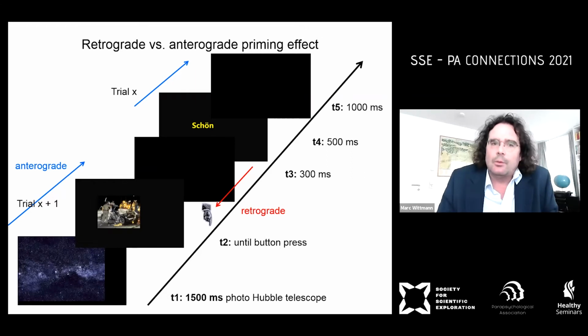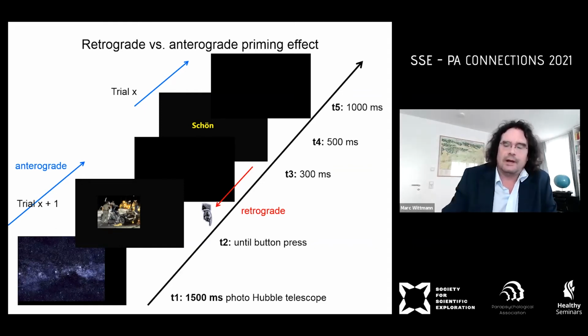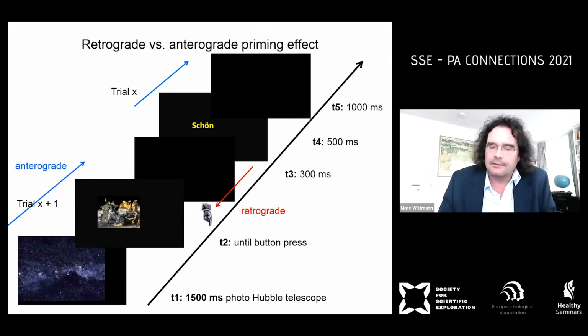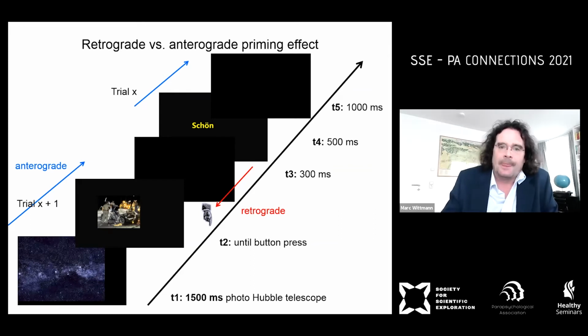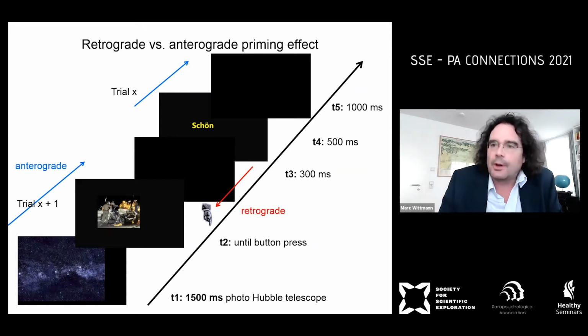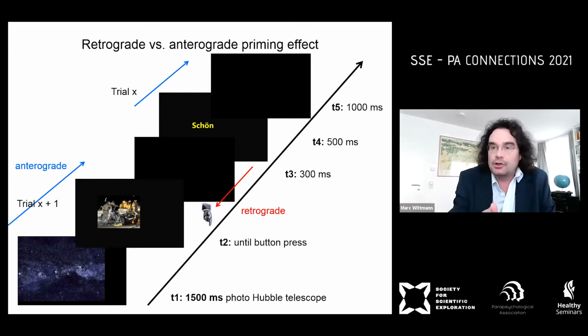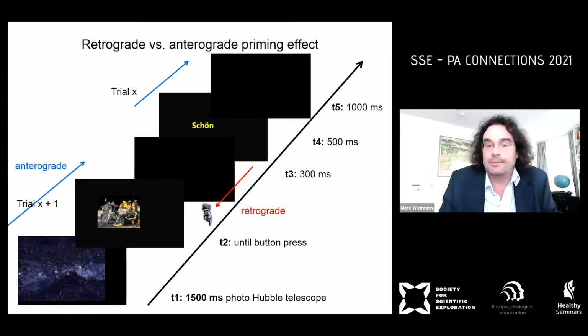But now we looked at the question: are there more influences in this task? So I just showed on the right the retrograde effect, the effect of the word backwards onto the picture. But couldn't it be otherwise? There is a potential criticism that the word from trial X would influence the following photo of trial X plus 1.